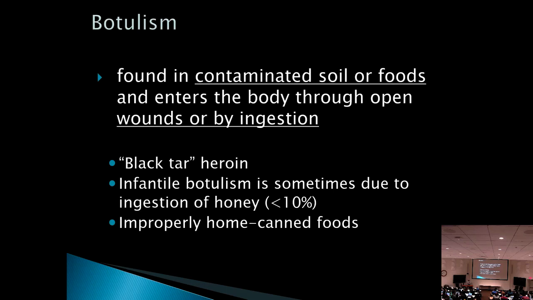So botulism is found in contaminated soil or foods, and so you get this either through ingestion or from some sort of a wound infection. What we see is a lot in this area. There are so many cases that at first it was exciting, but after a while, when you've seen your 15th case of a heroin user developing botulism, a little bit of the novelty of it wears off.